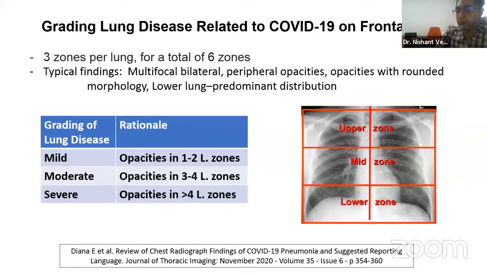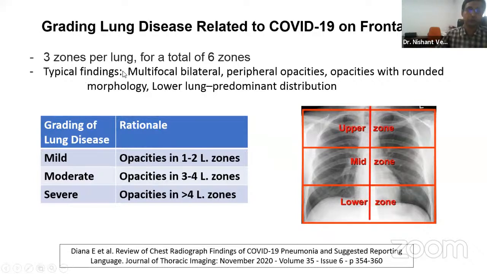So once you repeat X-ray after say 24 to 48 hours, you want to see whether the score has increased or reduced. So having an objective measure helps you determine things in a better way. So the lung disease on X-ray can be graded as mild, moderate, and severe based on whether opacities are there in 1 to 2 zones, 3 to 4 zones, or more than 4 zones are involved on an X-ray.